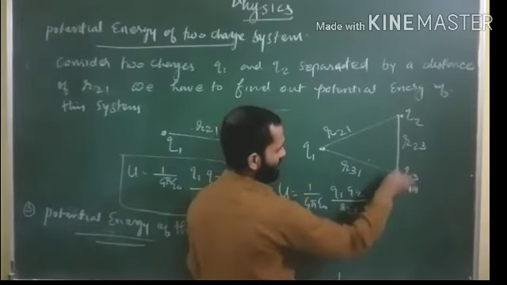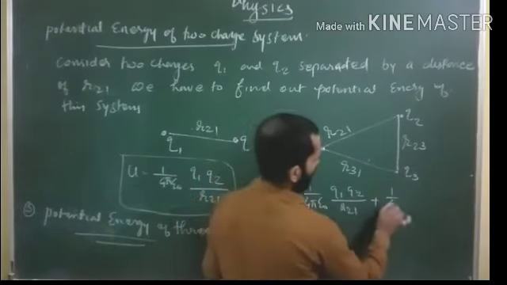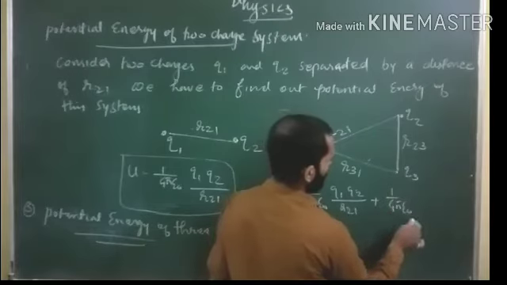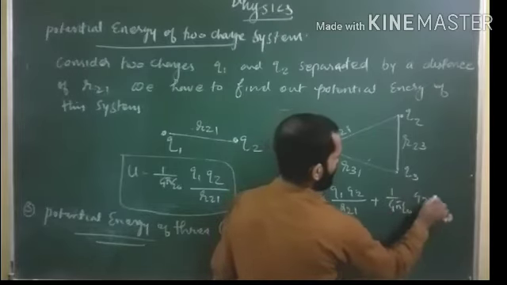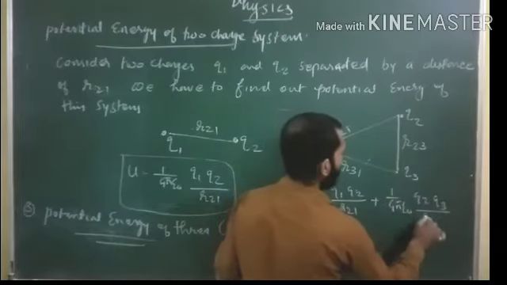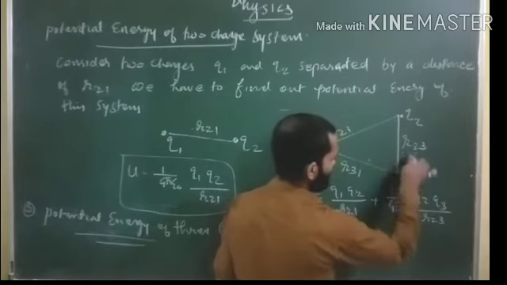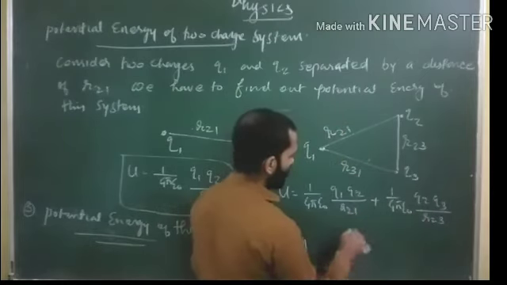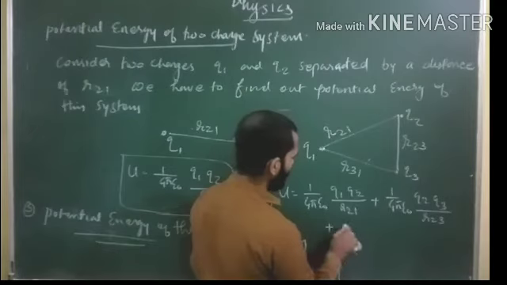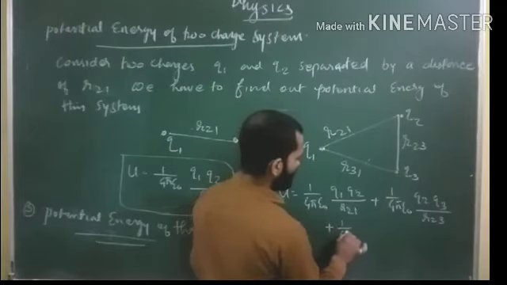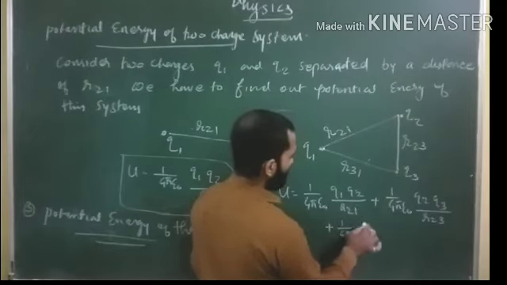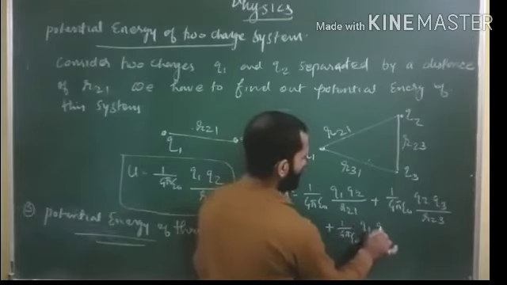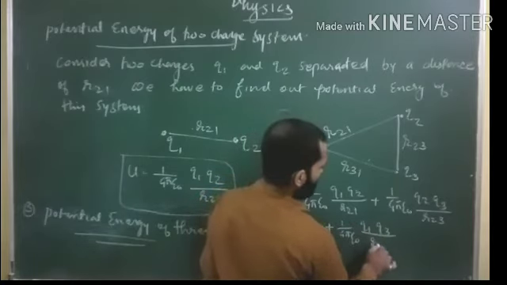Now in between these we can take 1 by 4 pi epsilon naught Q2 Q3 divided by R23, this distance. In between these two charges, this will be equal to 1 by 4 pi epsilon naught Q1 Q3 divided by R31.